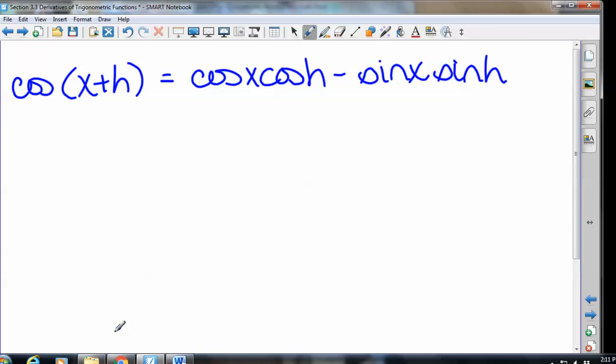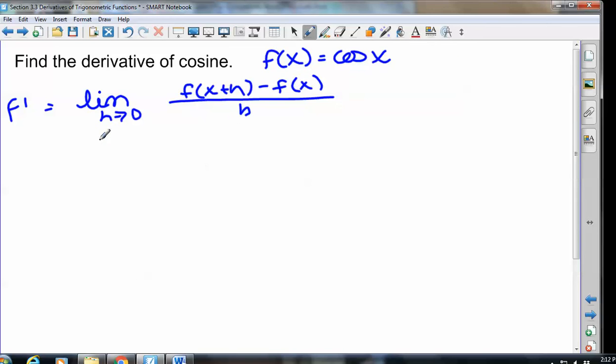Just as a little side note, add those to the other two we wrote down earlier.